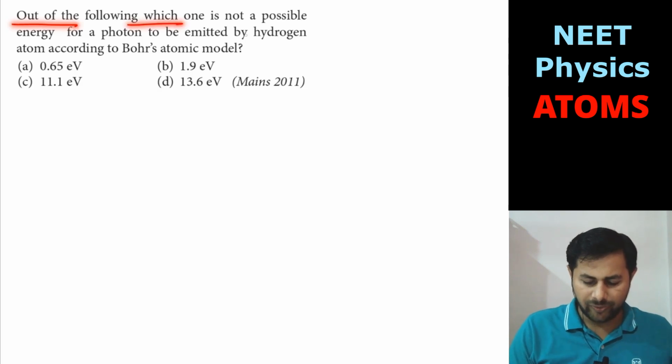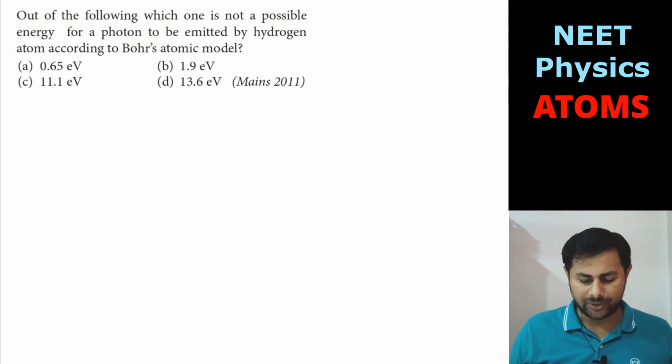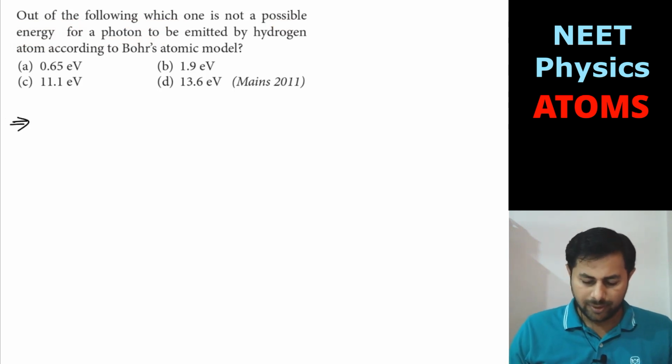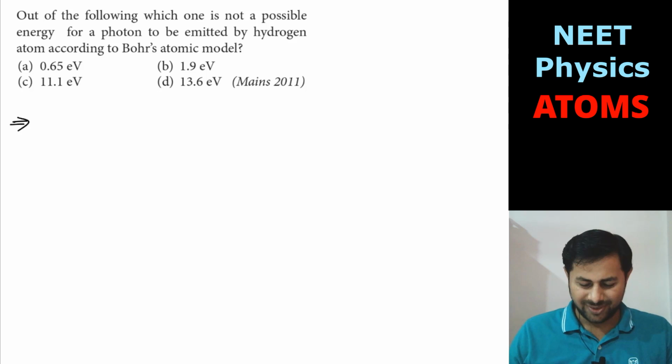Out of the following, which one is not a possible energy for a photon to be emitted by a hydrogen atom according to Bohr's atomic model? Tell me. This question you need to solve by trial and error. There is no other option.